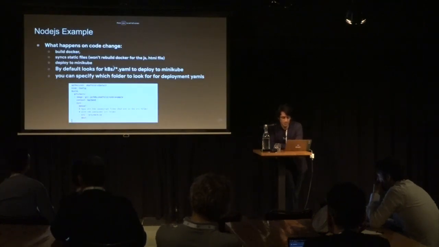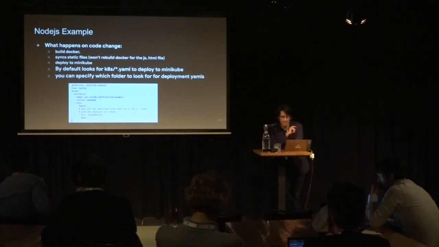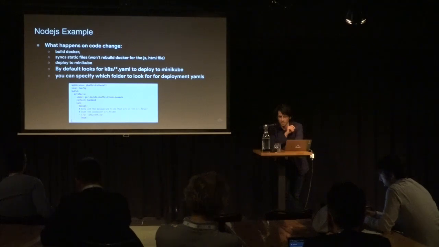So in the example that I showed, as soon as you start changing your code, it builds a Docker image, syncs the static files, but it won't rebuild the Docker image because it's just HTML static files, and deploys it to Minikube, and then checks that the Minikube service was healthy. And if it doesn't, it will let you know.